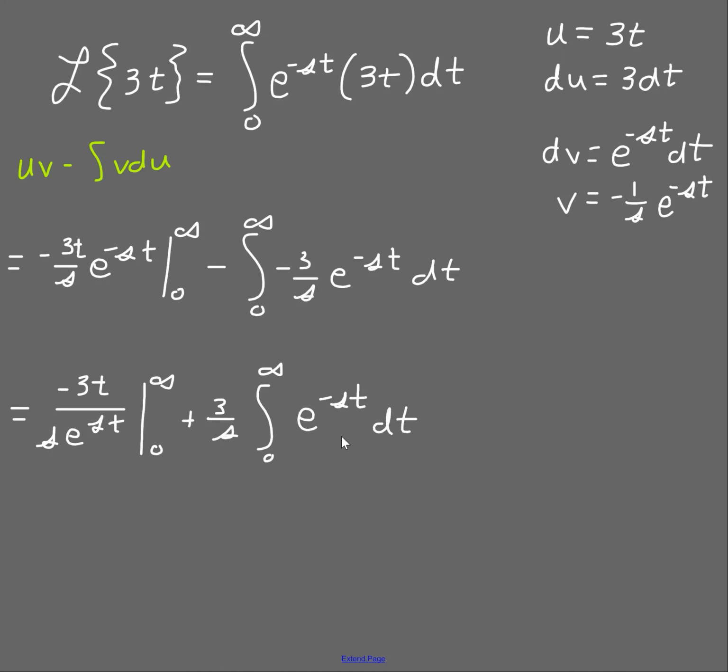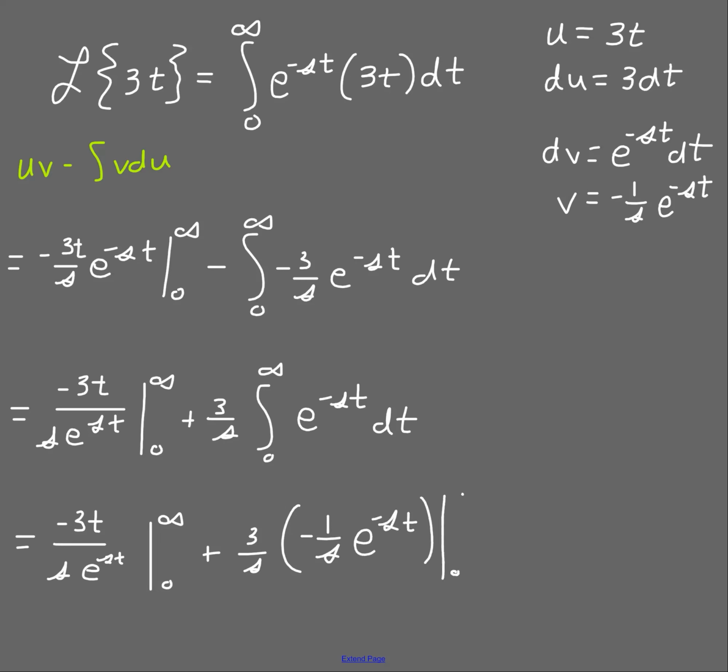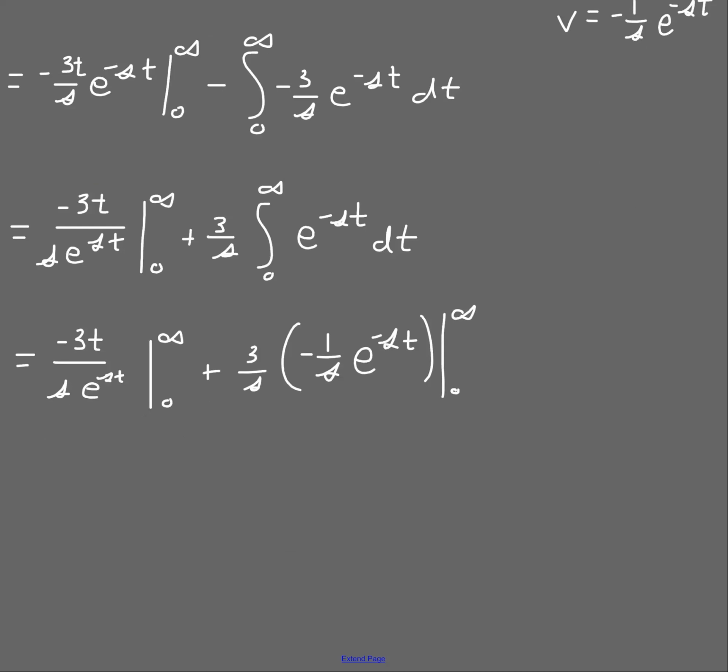And then for this integral here, we don't have to use integration by parts, we actually use a substitution, but I think we all know the rule for the antiderivative of an exponential. So we get negative 1 over s e to the negative st, and that is also evaluated from 0 to infinity.